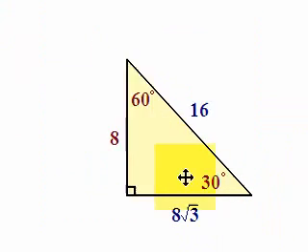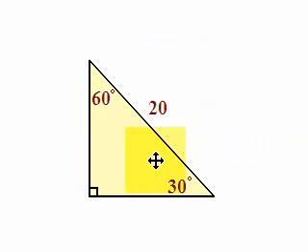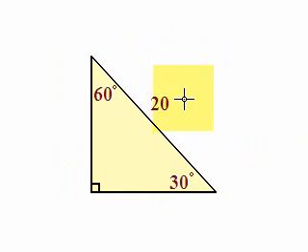Here I gave you the side opposite to 30. What if you had the side opposite to 90? Let's move some things around here. So here the side opposite the 90 is 20. How are we going to find the missing measures? Well, I always look for the side opposite to 30. If the hypotenuse is 20, the side opposite to 30 is always half.